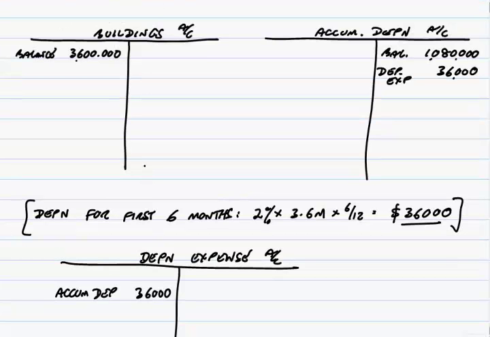Okay, now we come to 30th of June. We've done our half year's depreciation. We're now going to revalue. The value of the building at the moment, of course, it's 3.6 million on buildings, less accumulated depreciation of 1.116 million, the balance on this account.